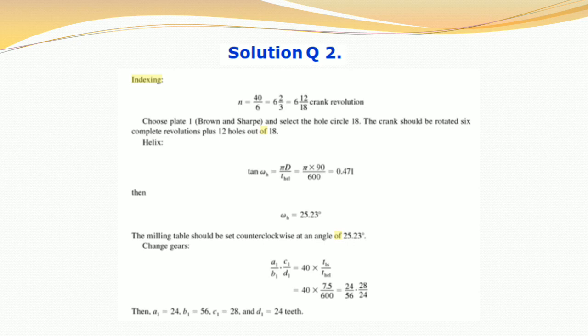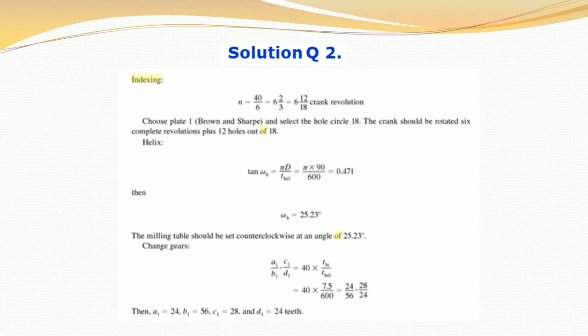Now for the helix, tan omega s is equal to pi d divided by the lead of the helix. That means pi multiplied by 90 divided by 600, and that means 0.471. Then omega s is equal to 25.23 degrees. The milling table should be set counterclockwise at an angle of 25.23 degrees, where the change gears A1 by B1 multiplied by C1 by D1 is equal to 40 multiplied by P_LS divided by P_helix.